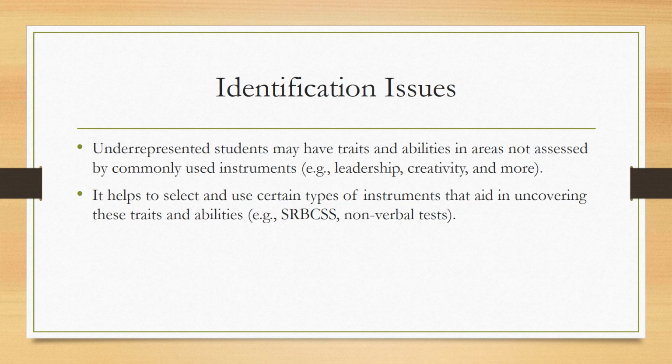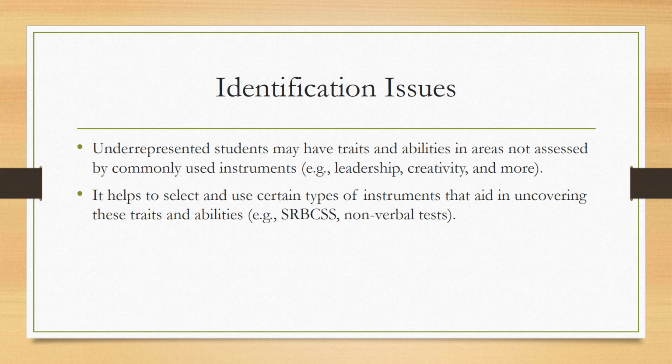Let's talk about a few identification issues and what we can do about those. Underrepresented students may have traits and abilities in areas not assessed by commonly used instruments. For example, most instruments or assessments tend to focus on IQ or academic achievement.